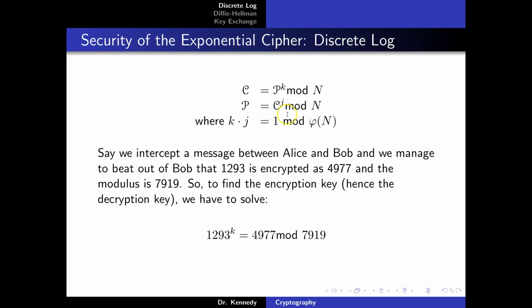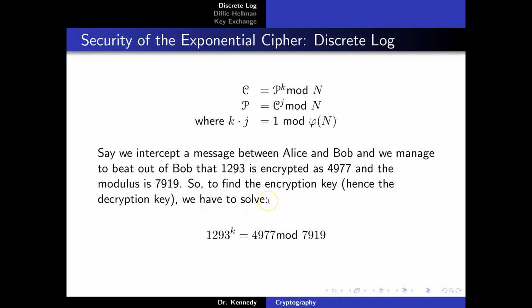All right, so we have Alice and Bob, and they're communicating, and let's just say we managed to get out of Bob the information that 1293 gets encrypted as 4,977, and we also get the modulus out of it, 7919.